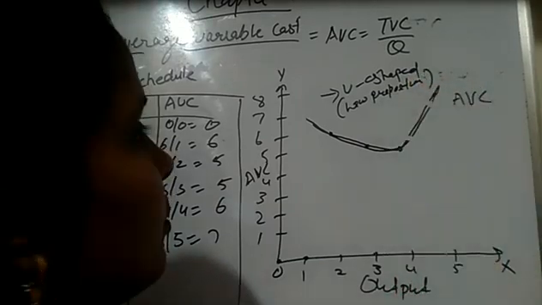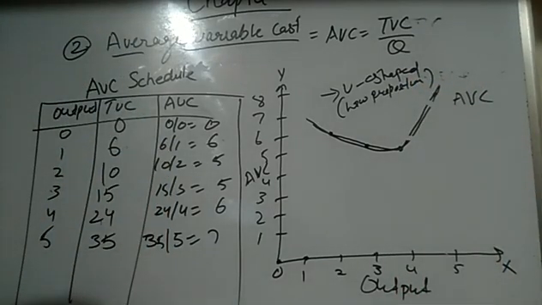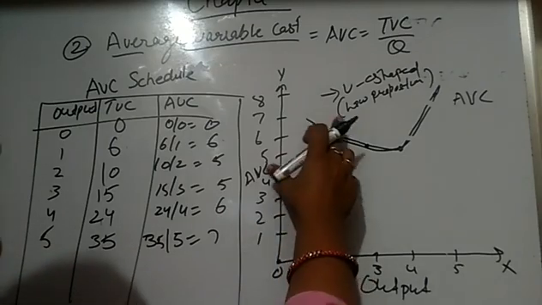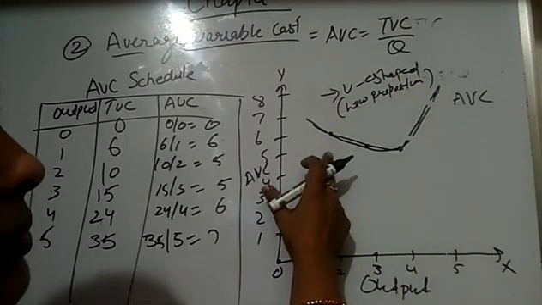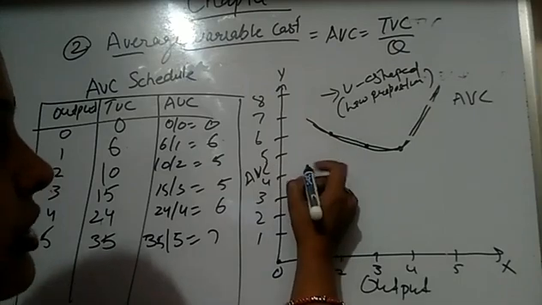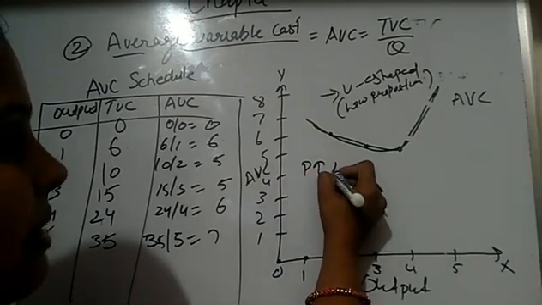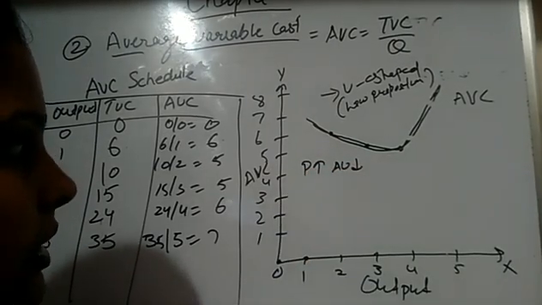As one variable input is increased, production increases at an increasing rate. After that it is decreasing. After that it is increasing but at a decreasing rate. Then it falls. So when the law of proportion is applied on average cost, when production is increased, at that time average variable cost is decreasing.